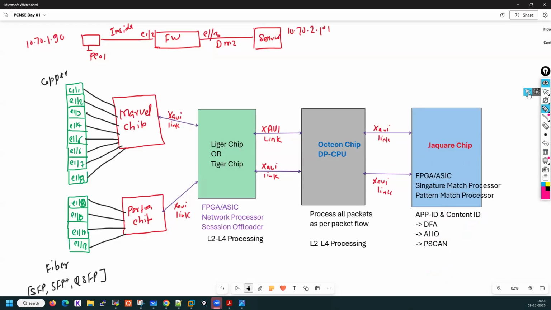I have not included so many things because otherwise you would get confused. But if you understand the architecture, we have a Marvell Octal chip where my ports are connected. Then this Marvell chip has connectivity with the Tiger or Lion chip, the network processor. The network processor has connectivity with the Octeon chip, the data plane CPU, and then the data plane CPU has connectivity with the Jaguar chip.